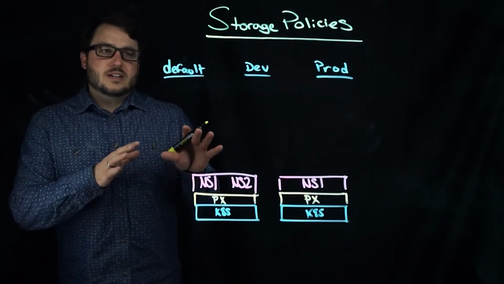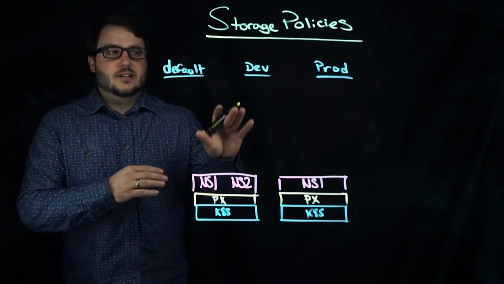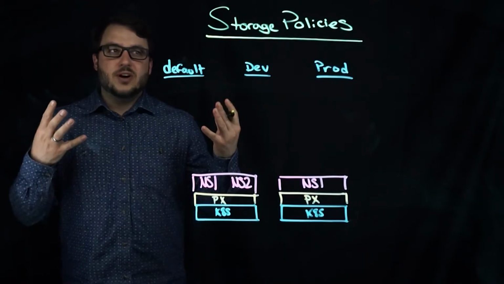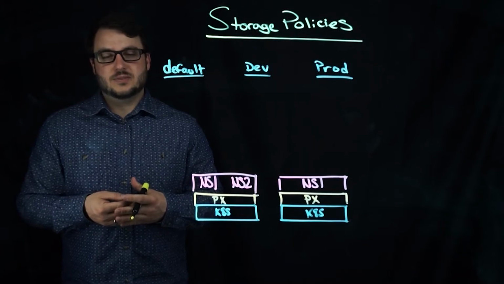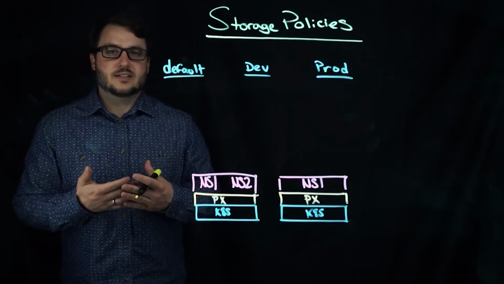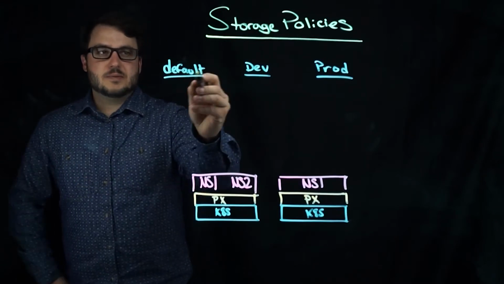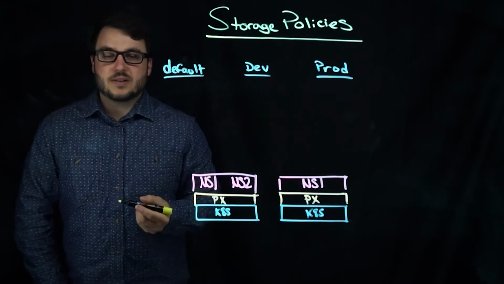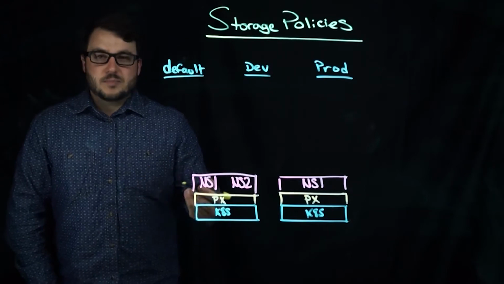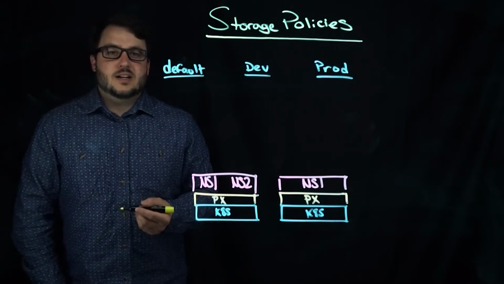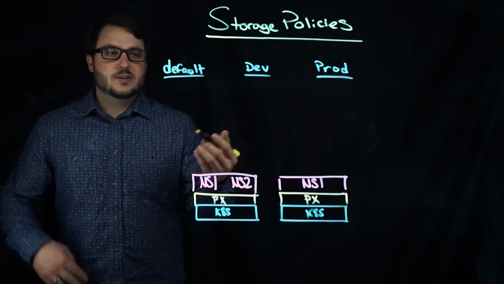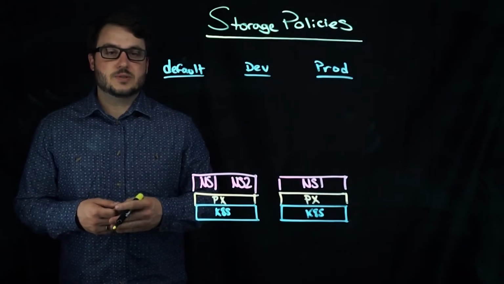So we're going to use a development cluster, a production cluster, and a default policy to talk about using storage policies. These names reference the types of storage policies and their name. So in Portworx, you can use the pxctl CLI utility to define what is a default storage policy.